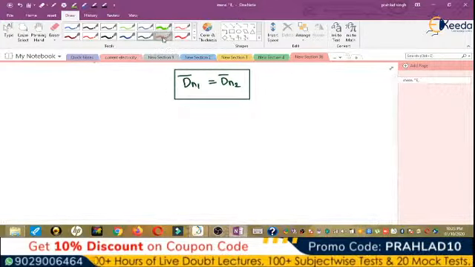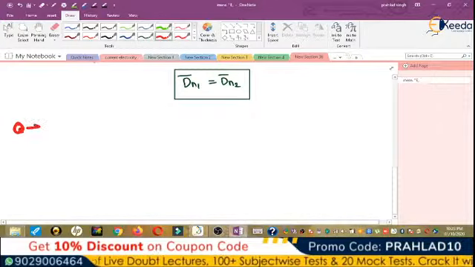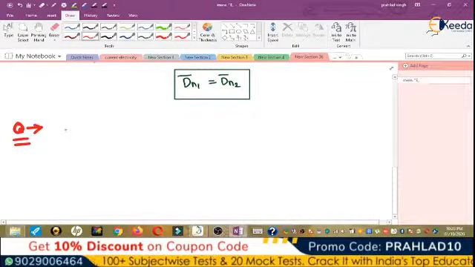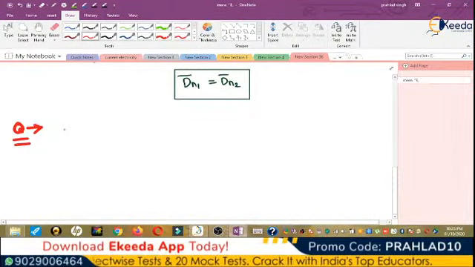So these are the boundary conditions which we use in the questions. Let me solve one question.